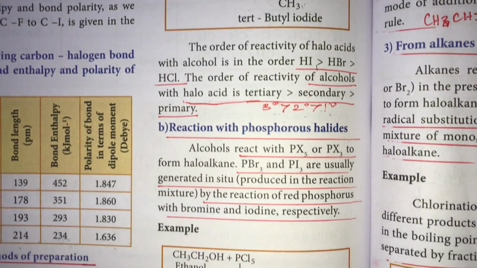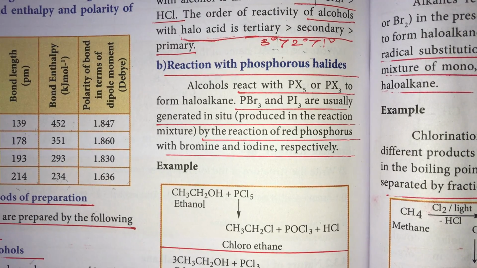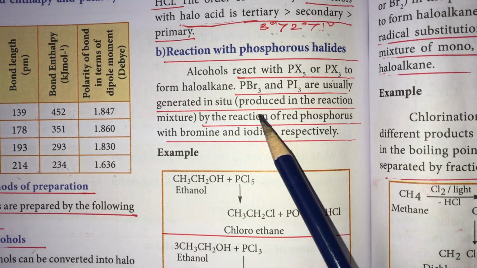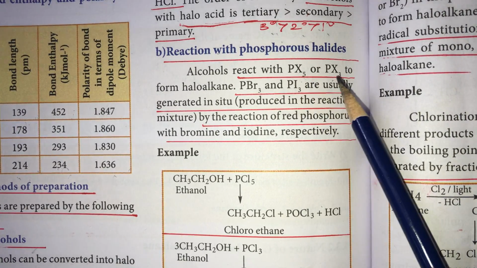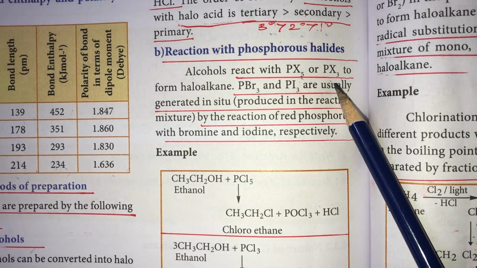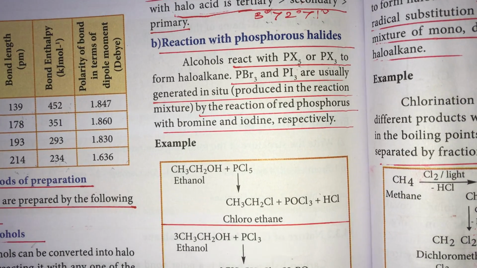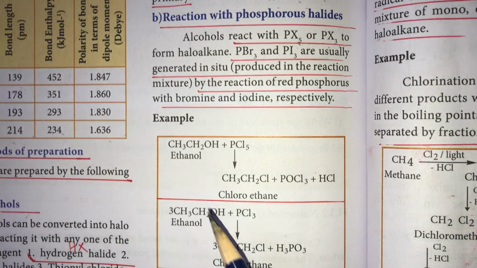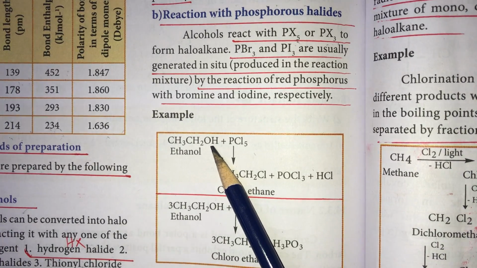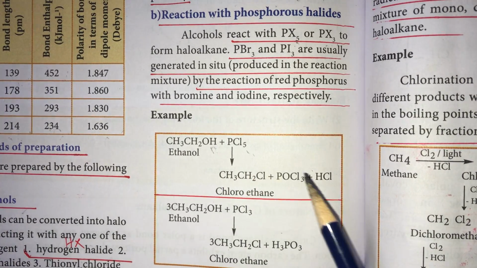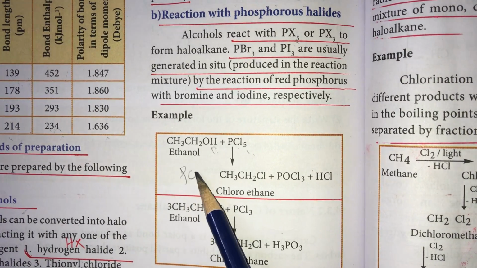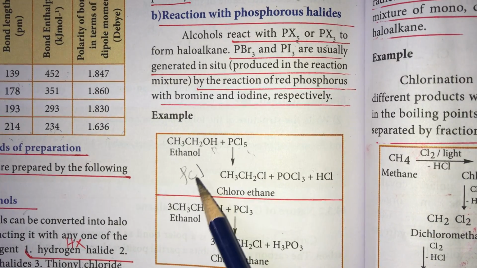The next preparation is the reaction of alcohol with phosphorus halides, that is PCl5 and PCl3, or PX5 and PX3. The halogen may be different, but the valency is 5 for one and 3 for the other. Now we are going to see ethyl alcohol CH3CH2OH with phosphorus pentachloride, PCl5.